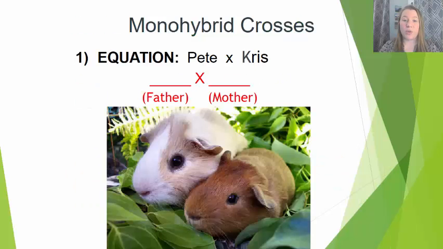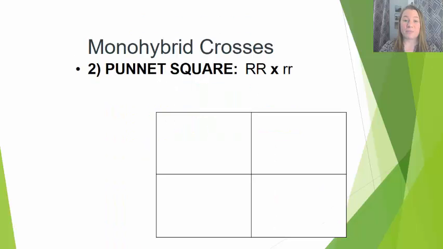Again, we start with our equation with the father times the mother, putting in our genotypes. Then we set up our Punnett square. So we put the father alleles across the top, so he could contribute a capital R, or he could contribute another capital R. The mother could contribute a lowercase r, or the other possible letter she could contribute would be a lowercase r.